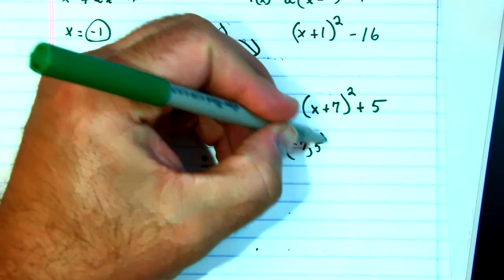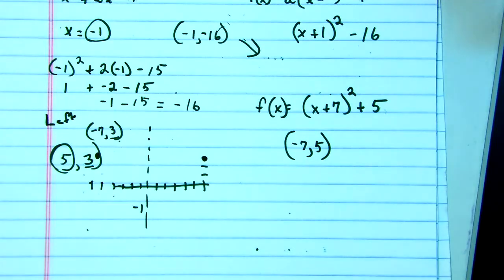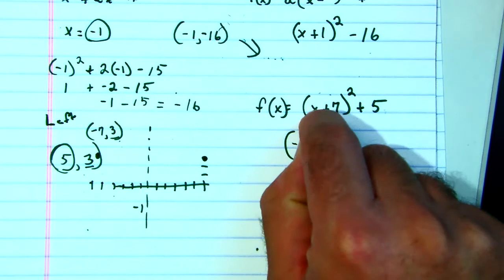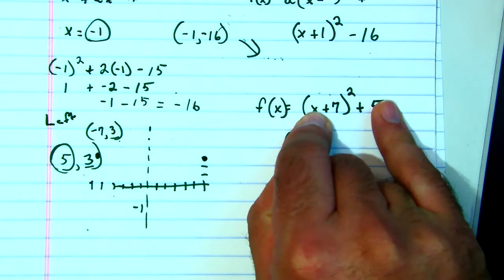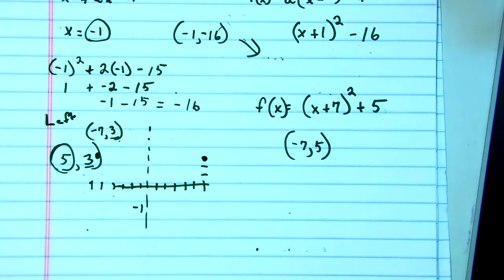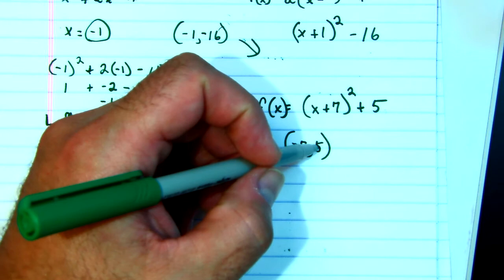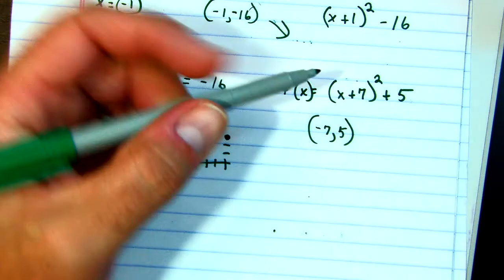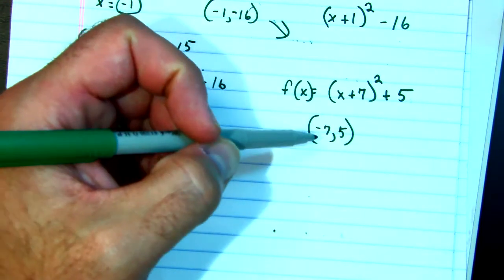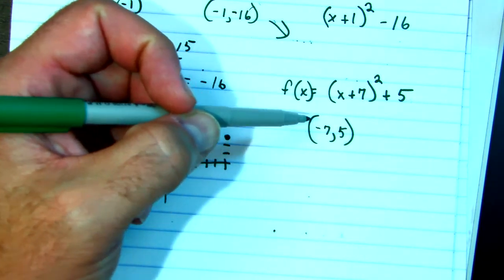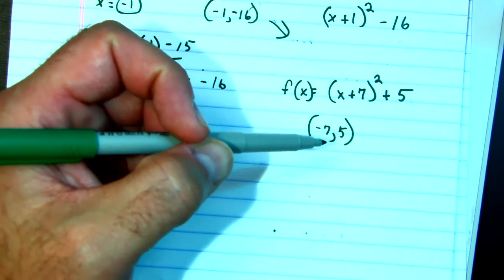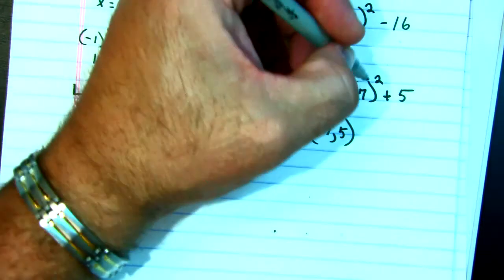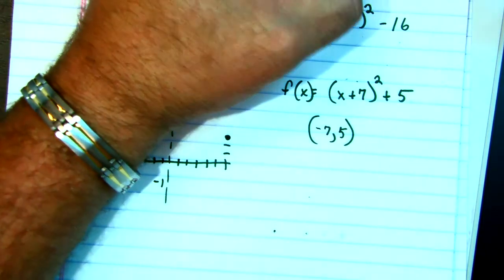This is 5. Now, why do I know that? Because if I put a 0 in for x, I find my y-intercept. That's where the y is. So that is vertex form. I take vertex form, I can find the vertex. It is simply understanding what happens. And we call these h and k.